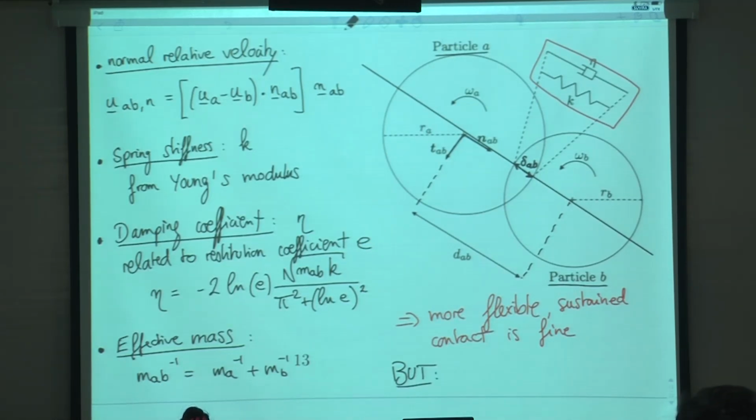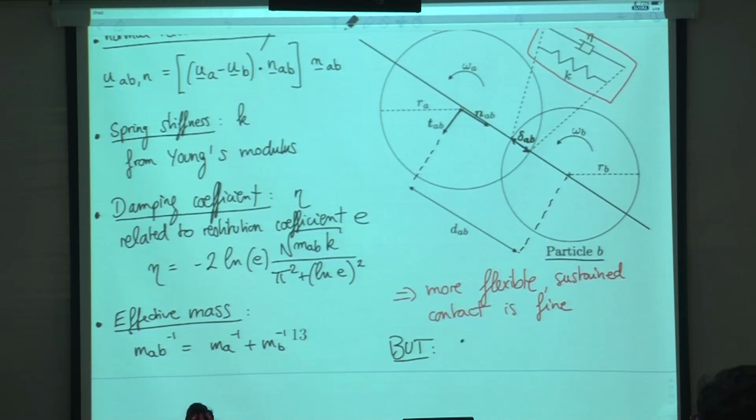The story is not all good, and we can list a couple of negative points here. First of all, your particles are now assumed to overlap. For the force to be active, we need particles to overlap. Well, I don't know if you've ever played with sand, but it doesn't compress that well. Same thing with glass or any type of metal. So overlap, we know that it should theoretically be extremely small. So that's going to impact the cost of what we're doing here.